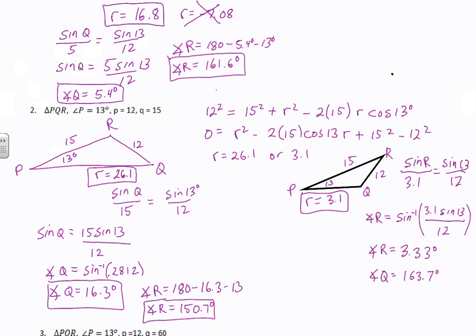And then I drew a new triangle. I used the other value that I got from the quadratic formula, 3.1, as another possible side R. Then I found the small angle R, a really small angle, 3.3 degrees. And angle Q is 163.7 degrees, which I found by subtraction. That's it.